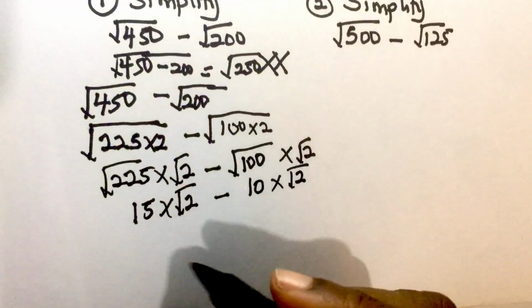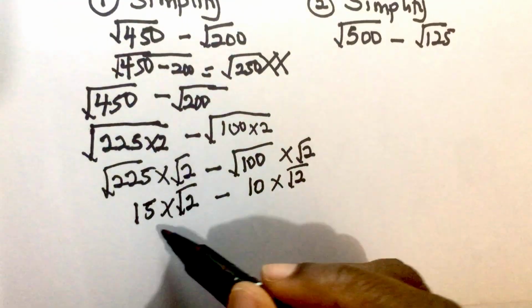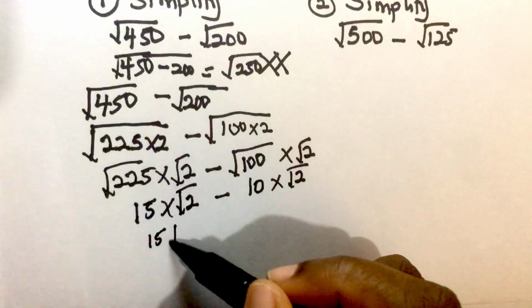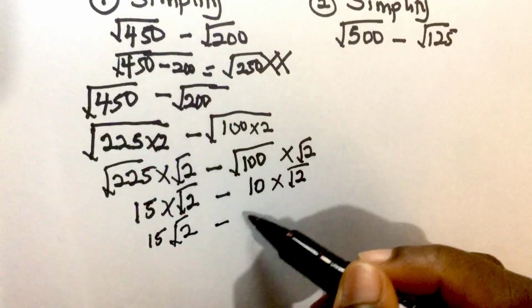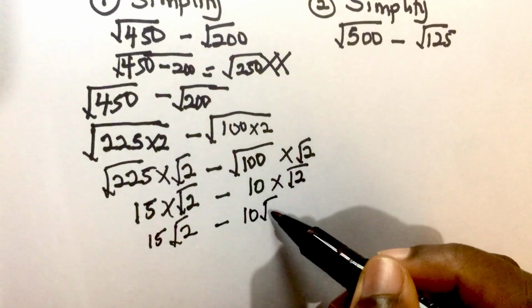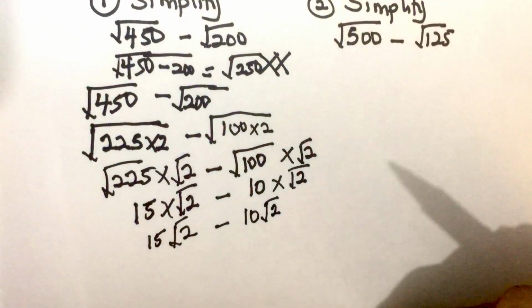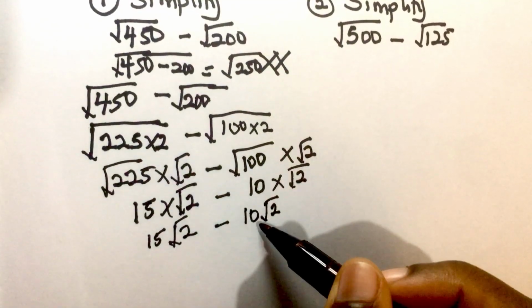So what do we do further? That will be 15 root 2 minus 10 root 2. What do we do next? We factorize.